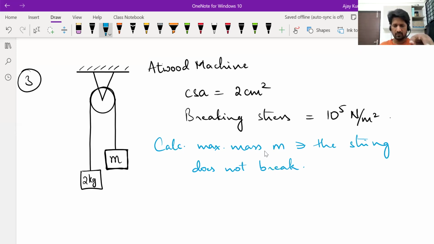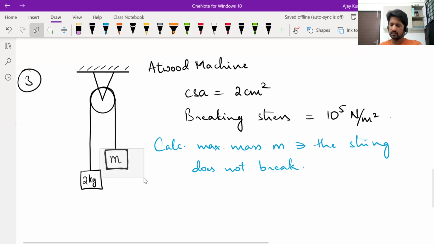So when you are given a question like this, you should first think, why should there be a limit to that mass? Imagine that mass was not even present. What will happen? Can any of you describe what happens if that other mass is not present? So the thread with the mass will just fall off towards the left side. The 2 kg will just fall off.